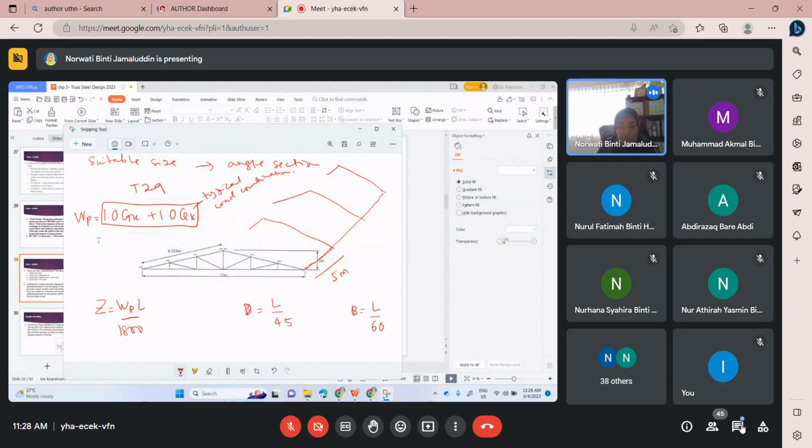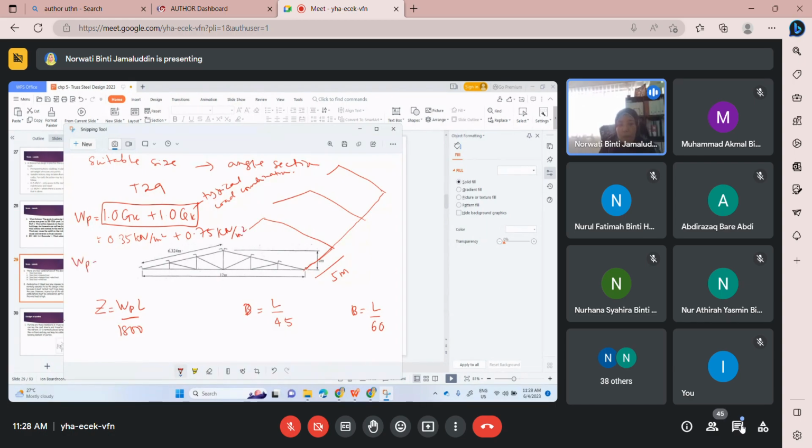So we know the GK for this example is 0.35 kilonewton per meter squared plus 0.75 kilonewton per meter squared.